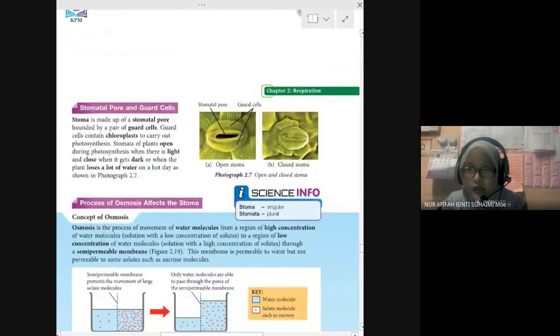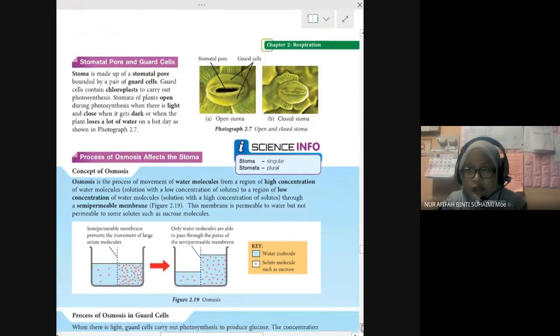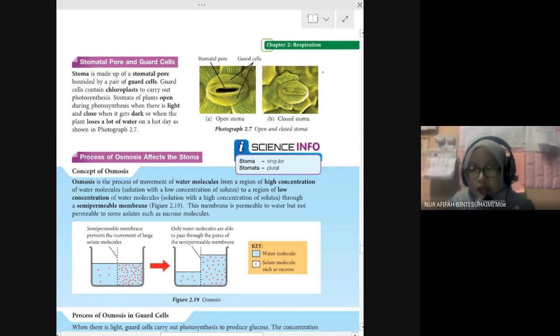If we zoom in on the stoma on the surface of the leaf, the stoma looks like this. Open stoma during the morning. This one is closed stoma during the dark, at night, or when the temperature is too hot.